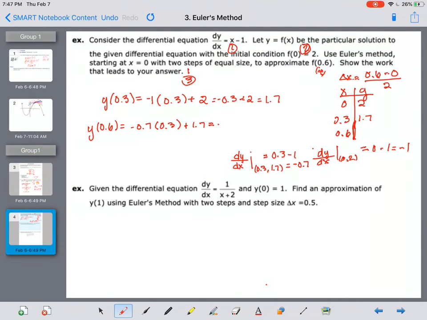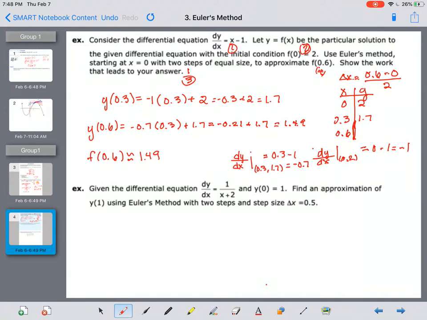So that gives us negative 0.21 plus 1.7. And when we calculate that, we get 1.49, which means our f of 0.6 is approximately 1.49.